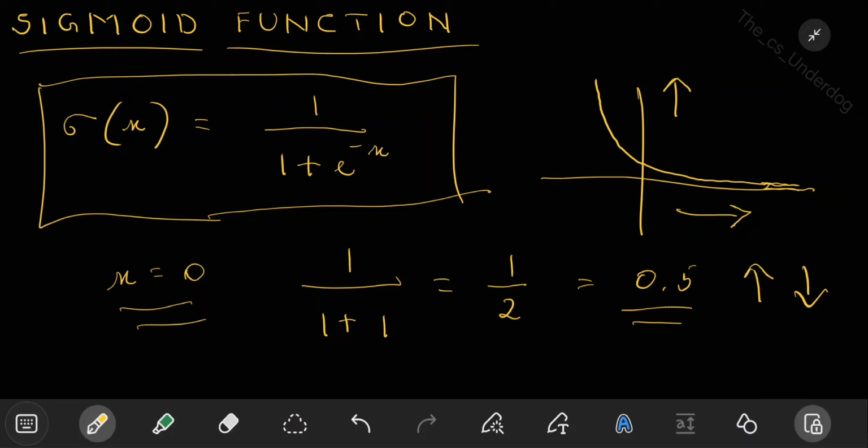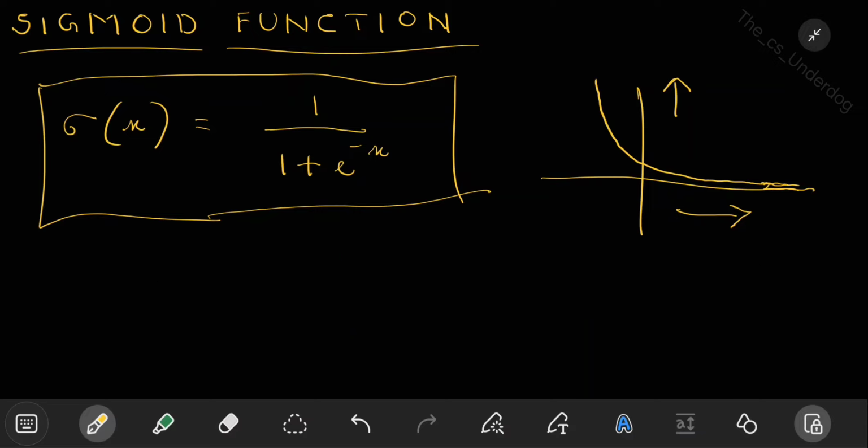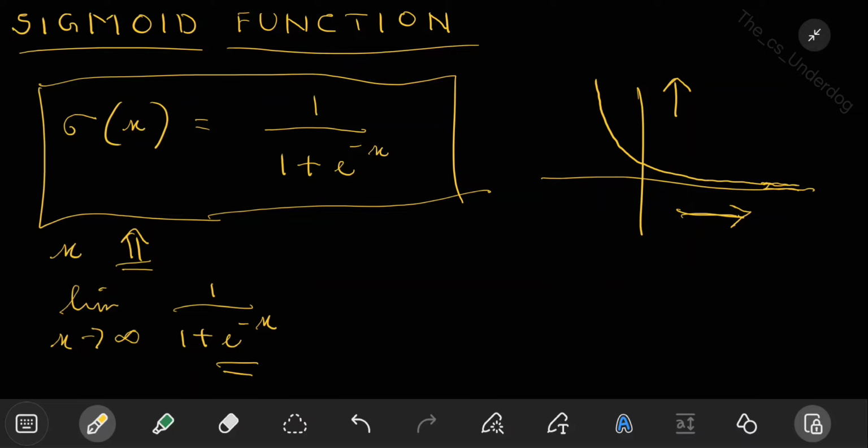Now let us come to the sigmoid function, sigma of x, okay? When x is a very large value, that is, limit x tends to infinity, the sigmoid function's value can be found as limit x tends to infinity of 1 by 1 plus e power minus x, right? And what did I tell you about e power minus x? When x tends to infinity, what happens to e power minus x? This is the graph of e power minus x, okay?